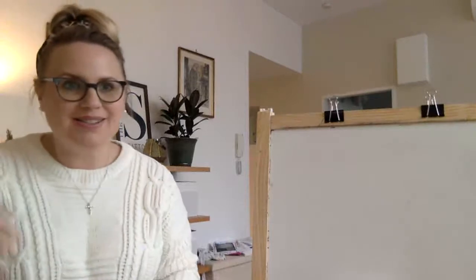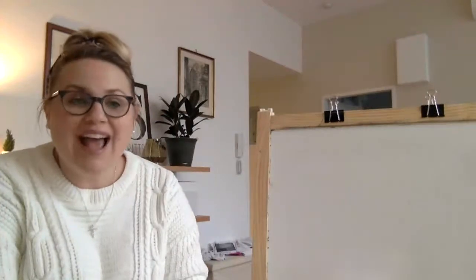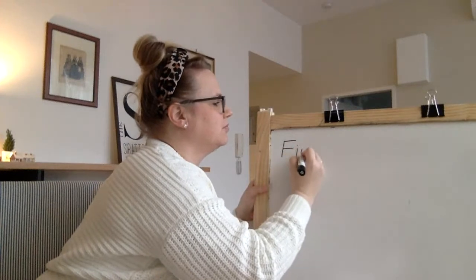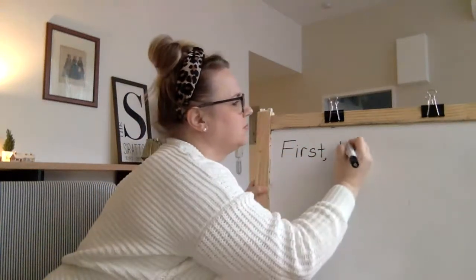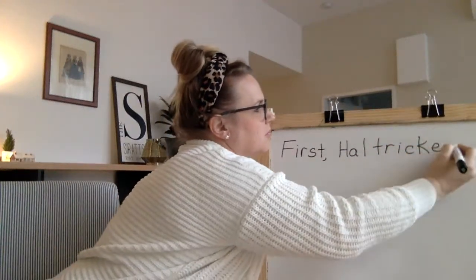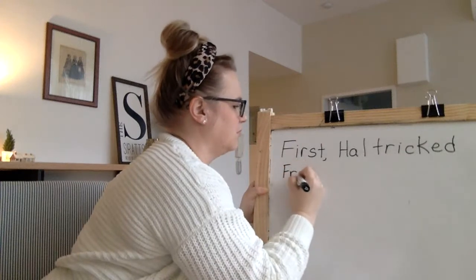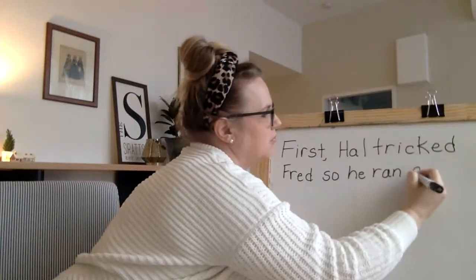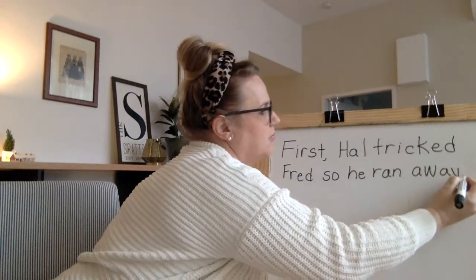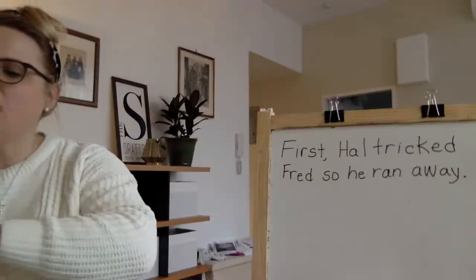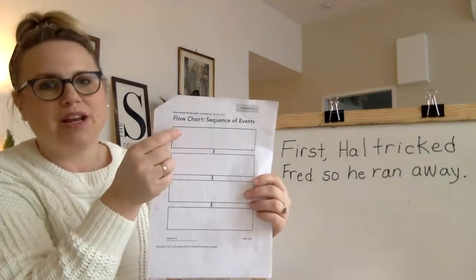Who can tell me what happened first? That's right. First, Hal tricked Fred, so he ran away. Go ahead and fill that in the first box on your graphic organizer, right here.